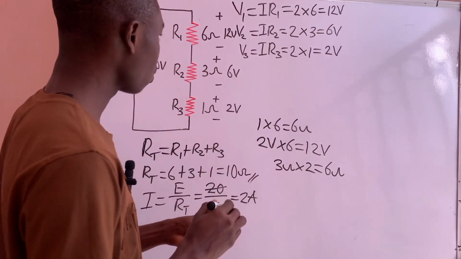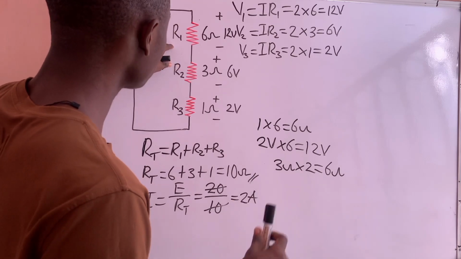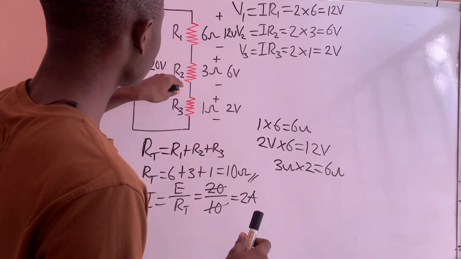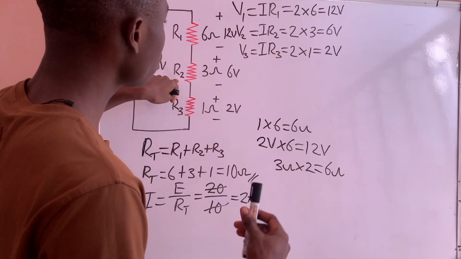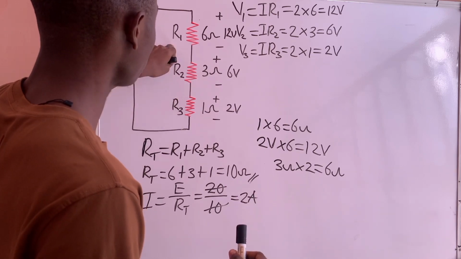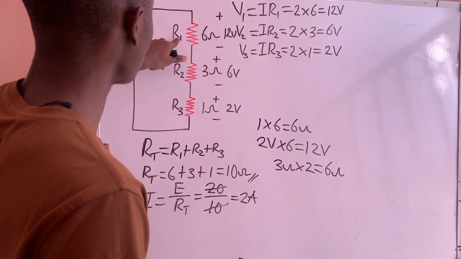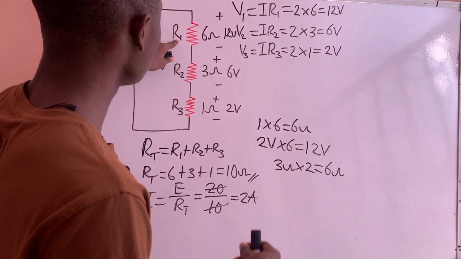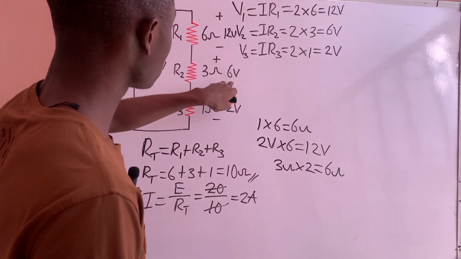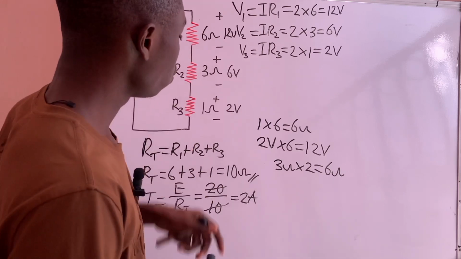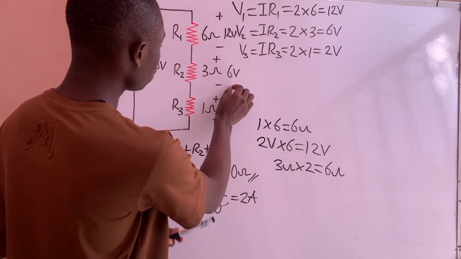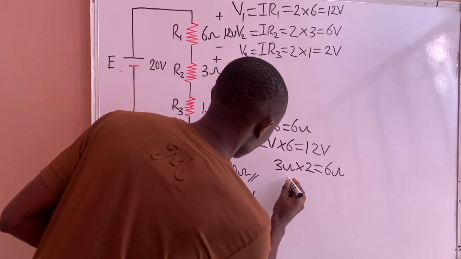So therefore, since it is 2 times the value of resistor R2 that will give us the resistance level of resistor R1, the voltage that will drop across resistor R1 is 2 times the voltage level of resistor R2, which is 6 volts.